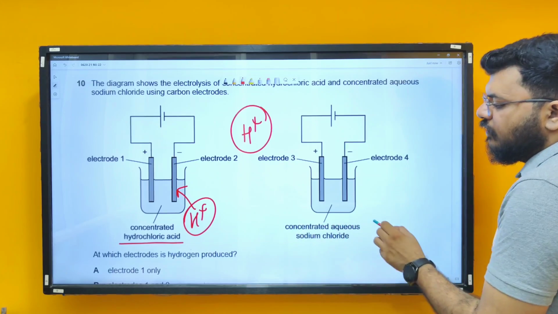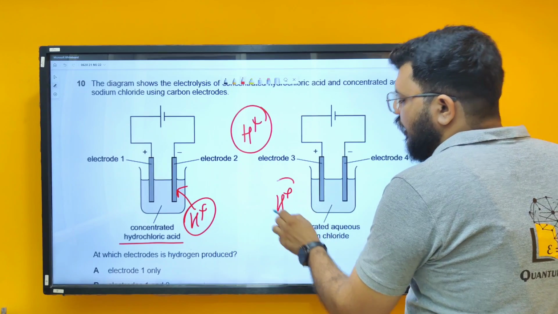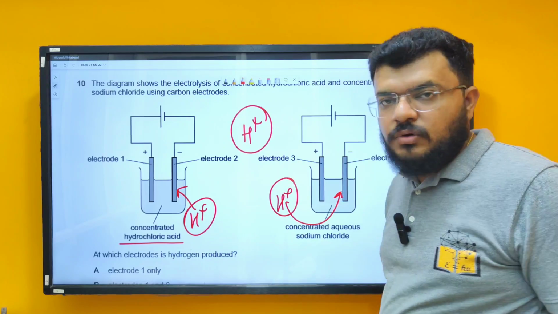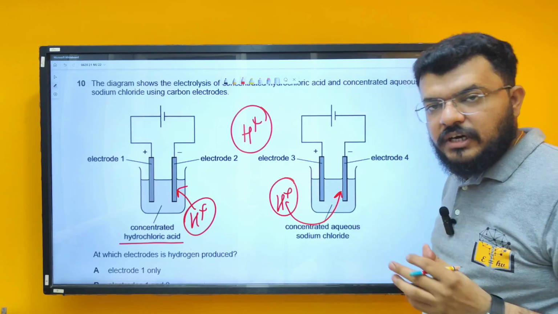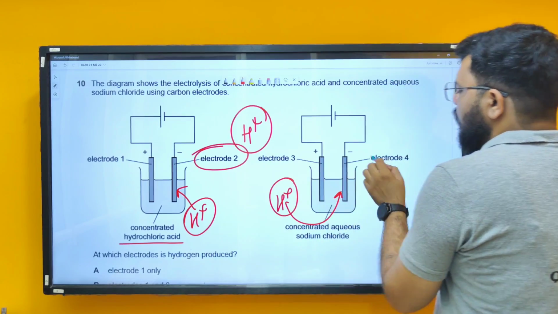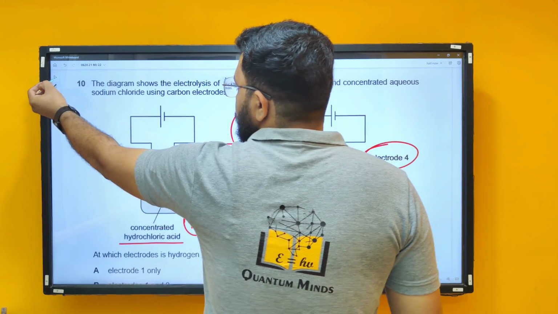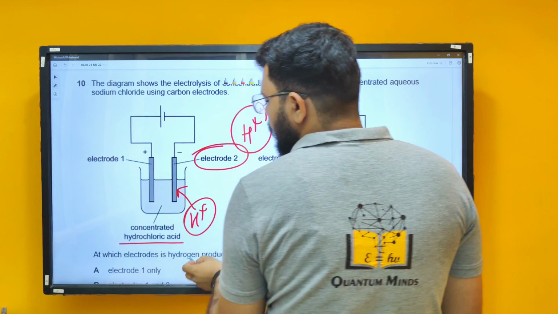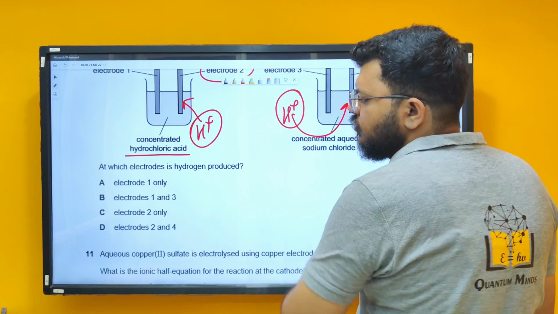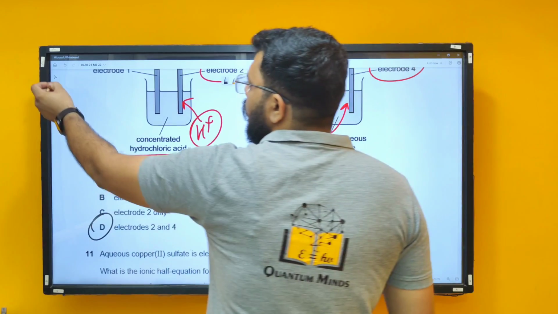In concentrated aqueous sodium chloride, even if it's concentrated, because H plus is less reactive than sodium, it will go to the negative electrode and get reduced, right? Reduction is gain of electrons, so it will get reduced. So on electrode 2 and electrode 4, we will see formation of hydrogen. Let's see if we have one such option. So 1 no, 1 and 3 no, 2 no, 2 and 4. So option D, 2 and 4.